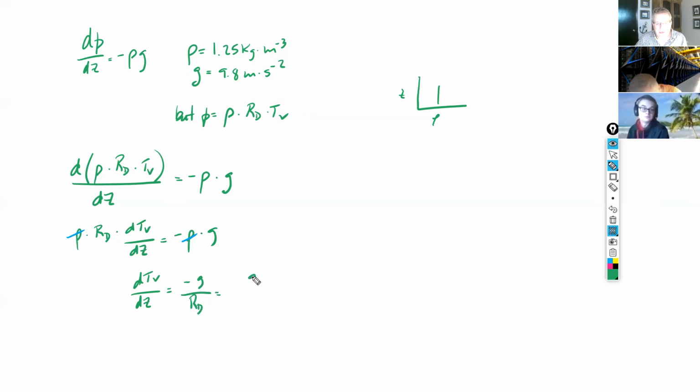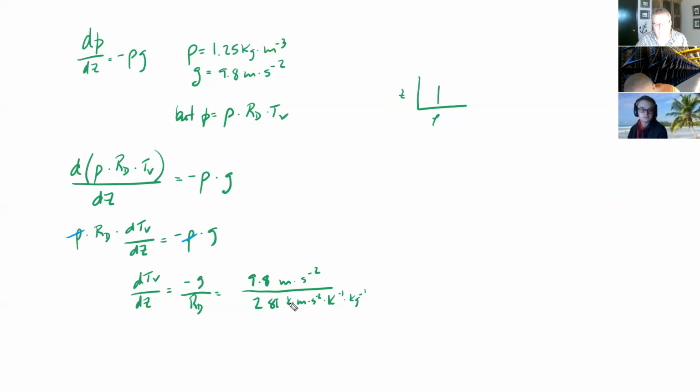And if we use 9.8 meters per second squared divided by 287 joules per kelvin per kilogram, which is a kilogram meter per second squared per kelvin per kilogram, I look at this and I go, well, the kilograms cancel, the meters cancel, the seconds cancel.